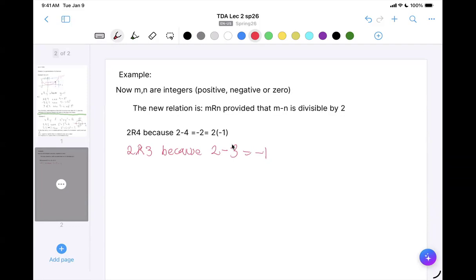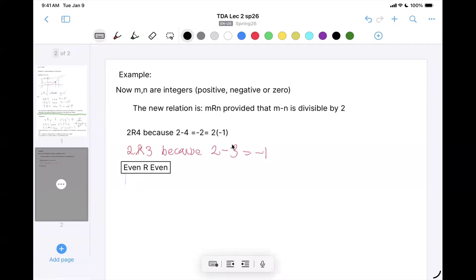And maybe as you can imagine, in this case, any two even numbers are related to one another, and any two odd numbers are related to one another, right? So the idea is that an even number is related to another even number almost by definition, because an even number is a multiple of 2, right?